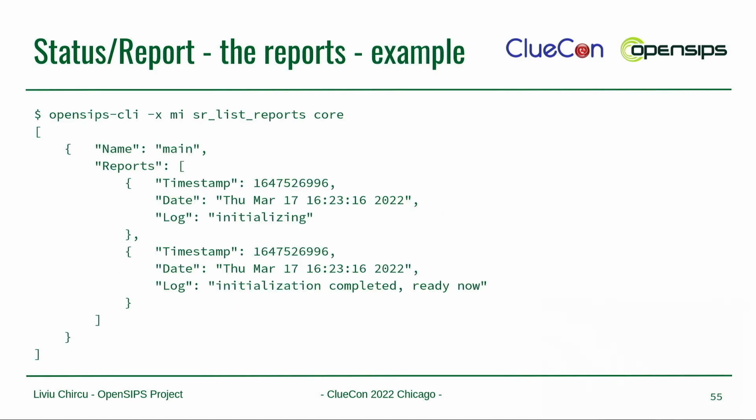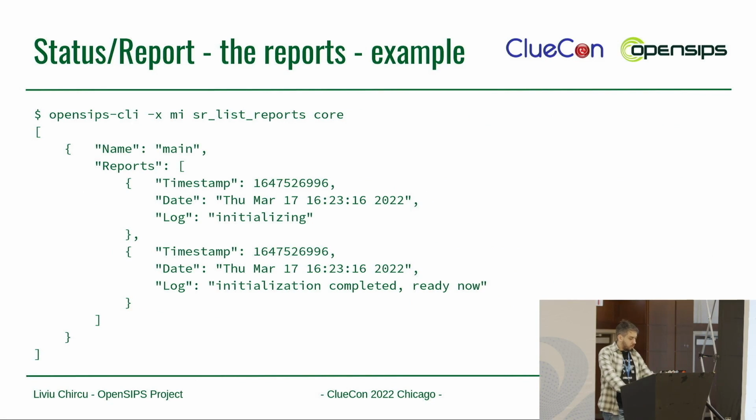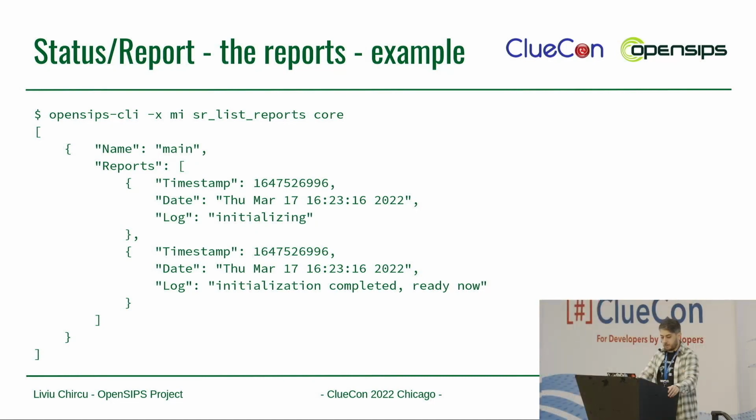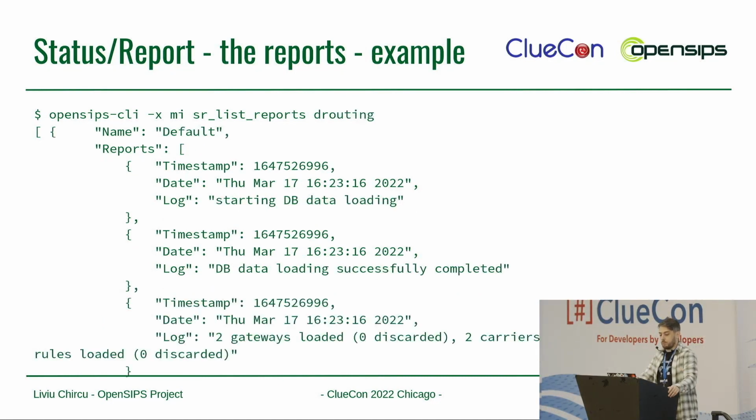For example, here we want to list reports from the core. This is OpenSIPS initializing, and then a couple seconds later completed, and it's ready. Here is with a reload. It says when the reload started, when it completed, and some stats about the gateways and carriers, and some useful information there.